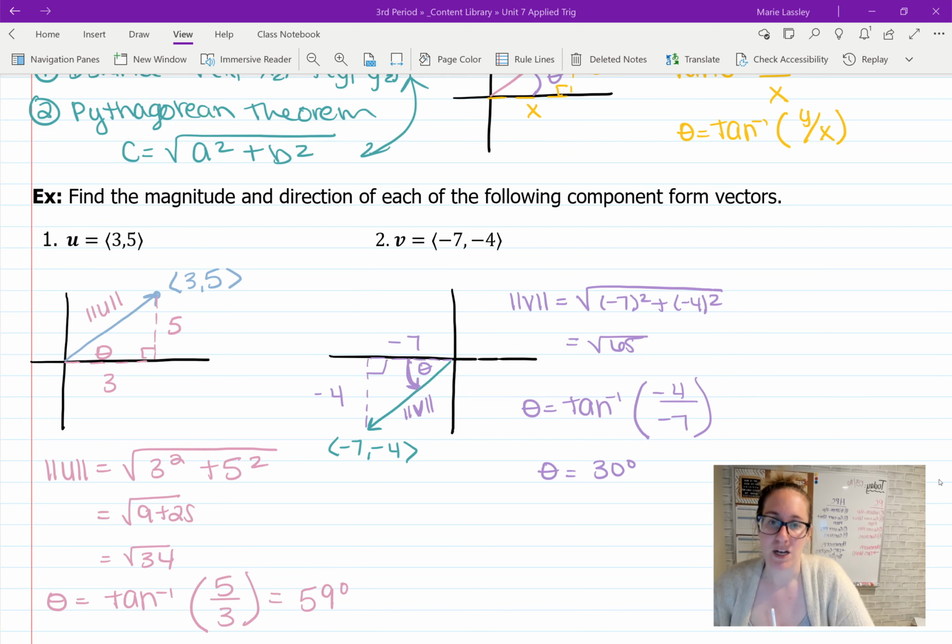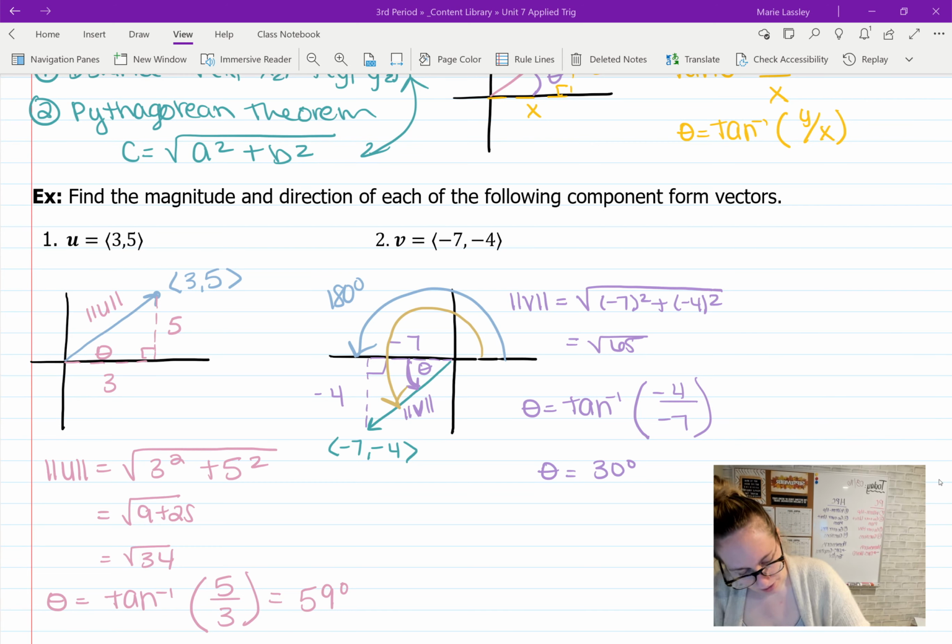That reference angle. So if we want to actually find the real direction, we have to do some addition, because we want to know that we're actually traveling this direction, not 30 degrees, because that's not right. So we need to figure out this angle. That's the actual direction of our vector. We know that from here to here, it's 180, and from here to here is 30 degrees.